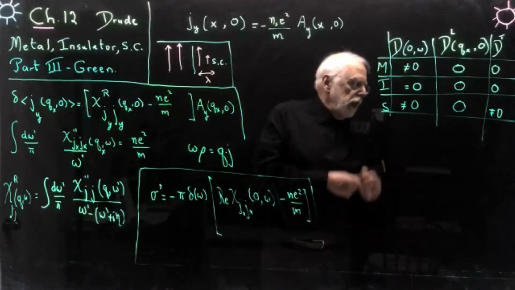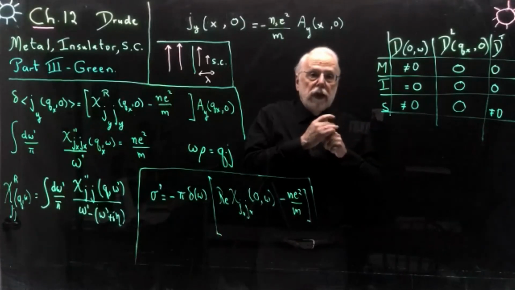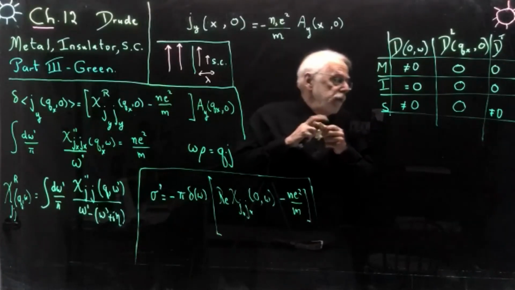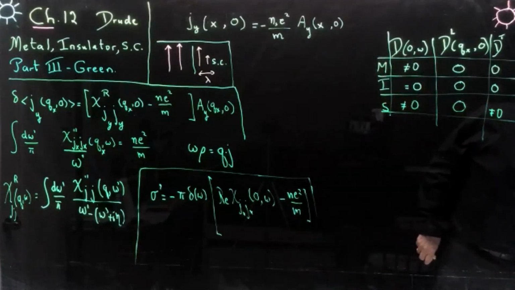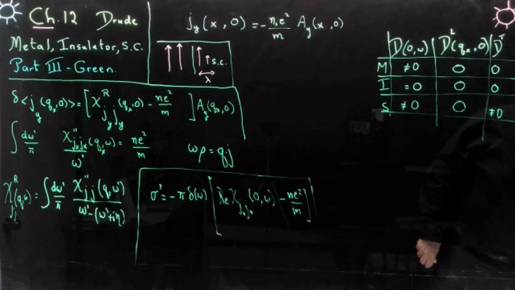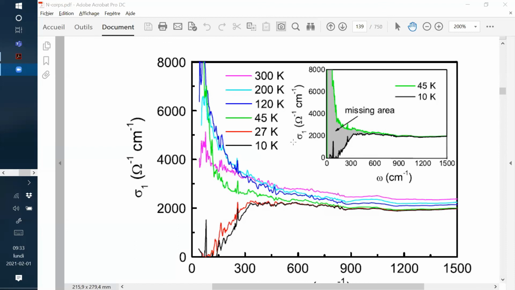Now, here is what I want to show. I will show you the plot and then I will make the proof. So let me share my screen. So you see this? You see a plot here?